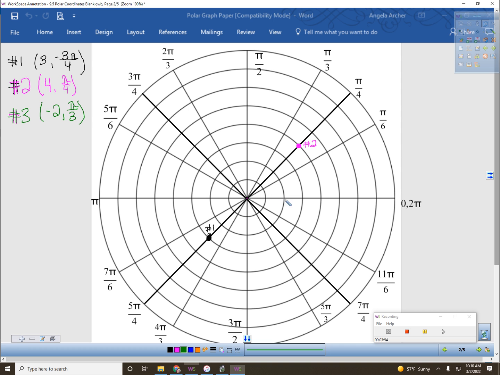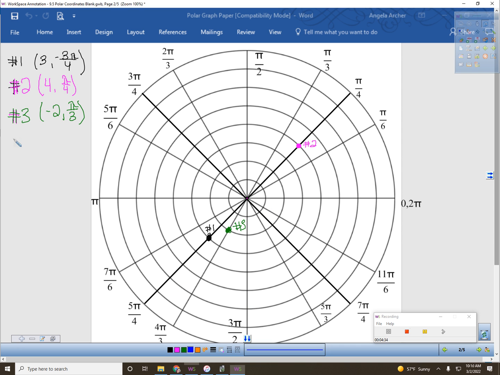If I had gone 2 rings in this direction, π/3 is in the first quadrant. I go to π/6, then π/4, and then the next one is π/3. I would do the same thing over here: 2 rings to the left, and then a distance of π/6, π/4, π/3, and that's where my point is. This would be point number 3.